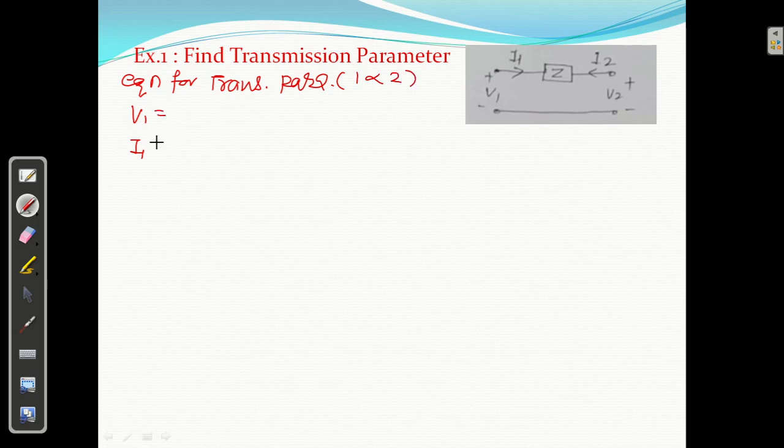So V1 and I1 will be represented in terms of V2 and I2, and there is a minus sign here, and these are A, B, C, D. These are the standard equations of transmission parameter we have.